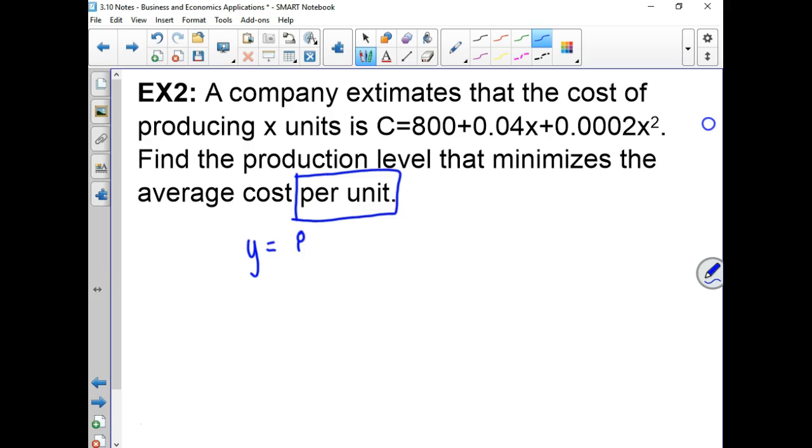And it's going to be 800 plus 0.04x plus 0.0002x squared. That's just total cost, right? But to find your cost per unit, you have to divide by the number of units you're producing, which in this case is x.